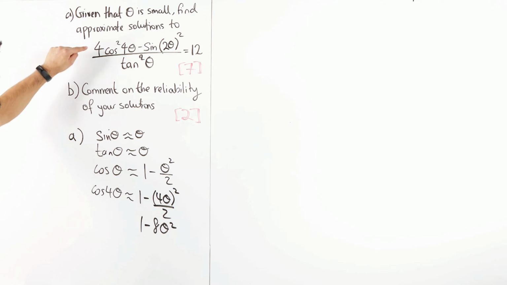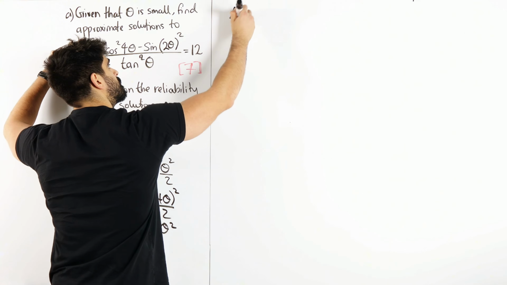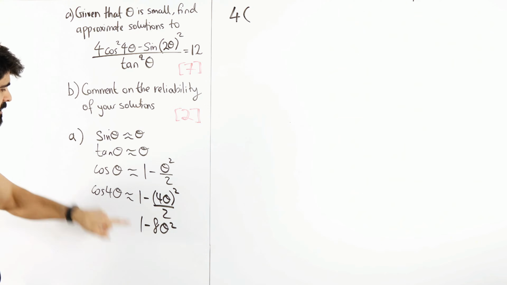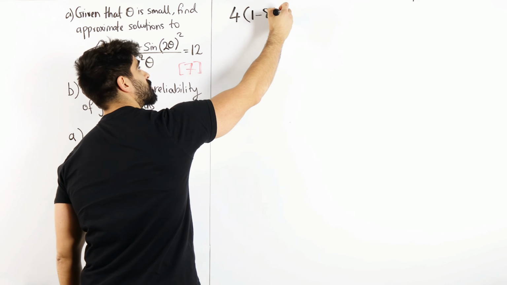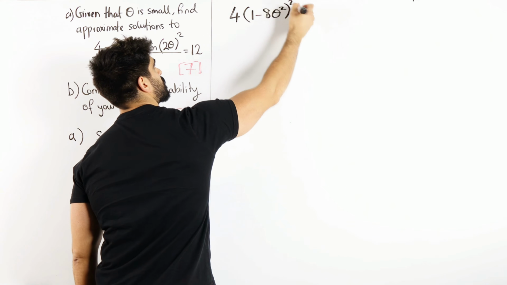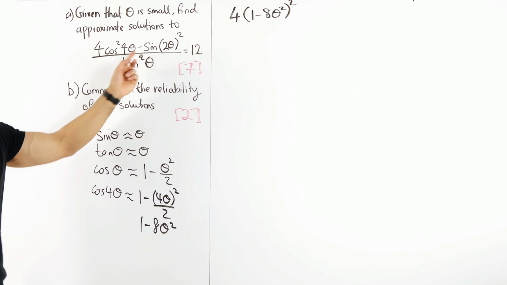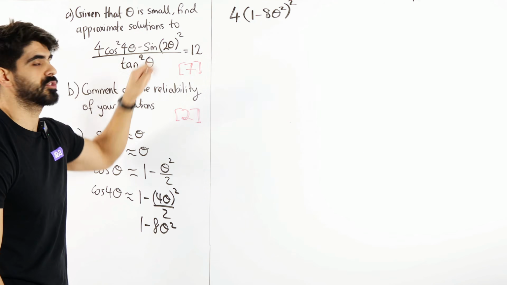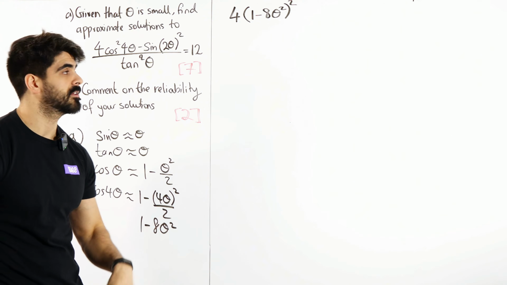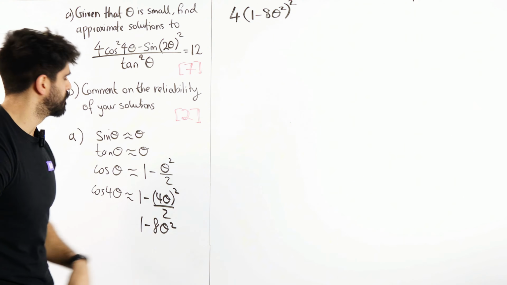Okay? So here I'm going to have 4. Then we are squaring this. So we're squaring 1 minus 8 theta squared, squared. Now, another common mistake students would make here is they think it says sine squared 2 theta. It says sine of the square of the angle.